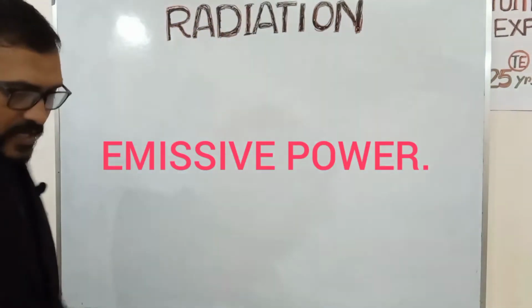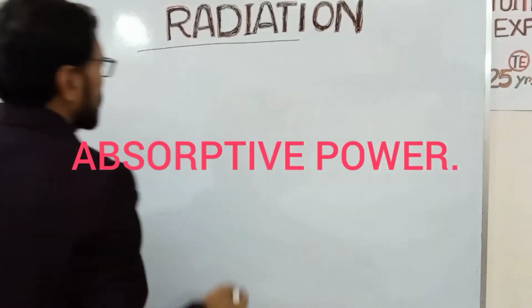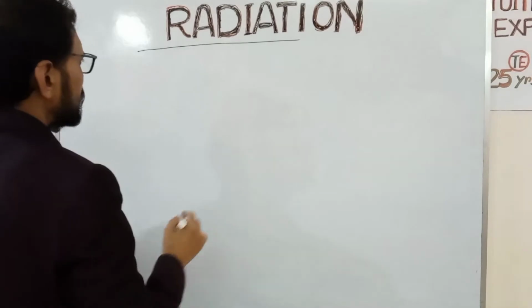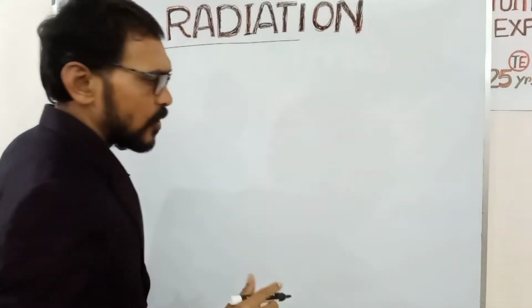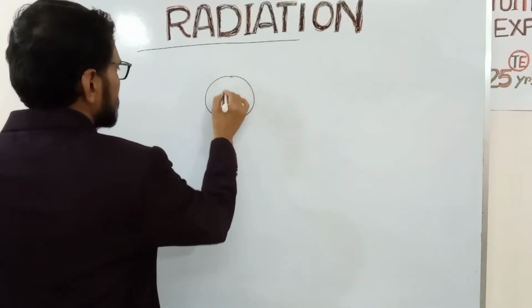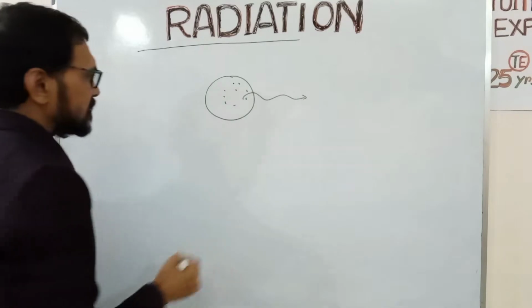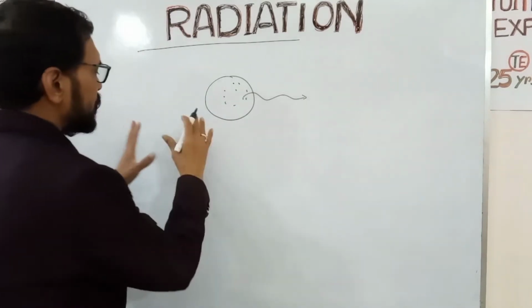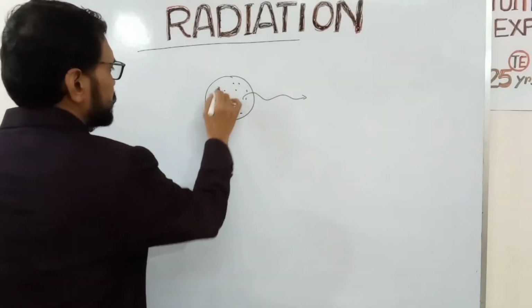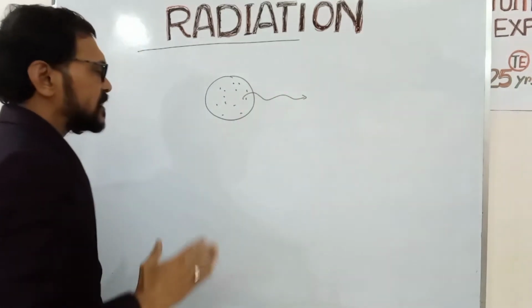So the topic is radiation. First, we learn what radiation is and how radiation energy is formed. We all know that a hot body produces radiation. Heat energy is produced from the hot body. If we keep our hand in front of a hot body, then we feel some heat.